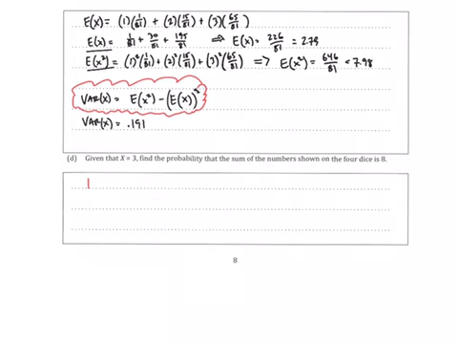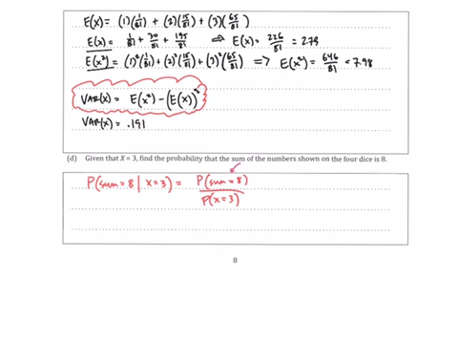Find the probability that the sum equals 8 given that X, the largest number on either of the dice, is 3. Well, that will be the probability that the sum equals 8 divided by the probability that X equals 3.